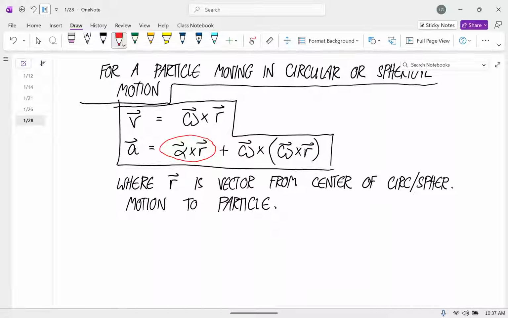So what does that look like? This is the tangential acceleration. And then what does this one look like? This is the centripetal, the radial, centripetal, we'll call it in this class.